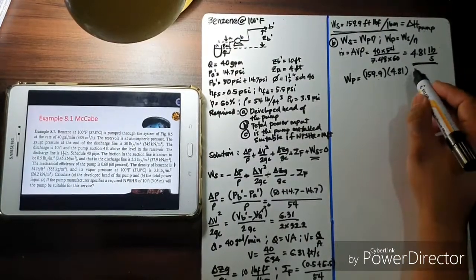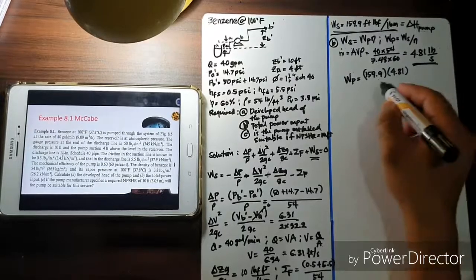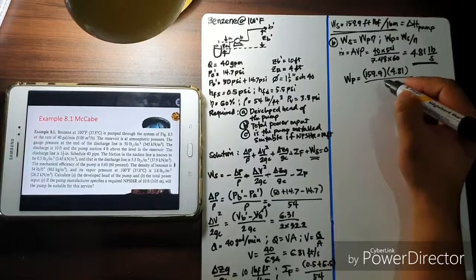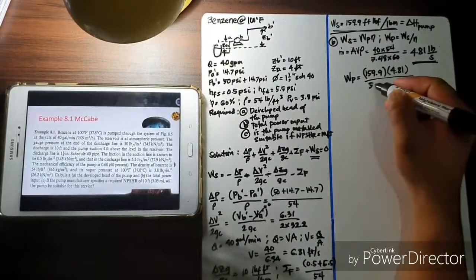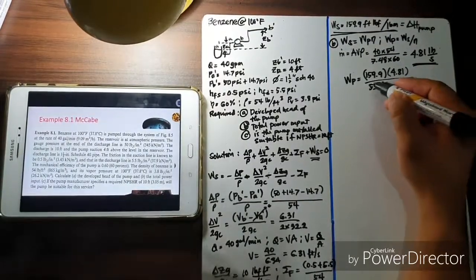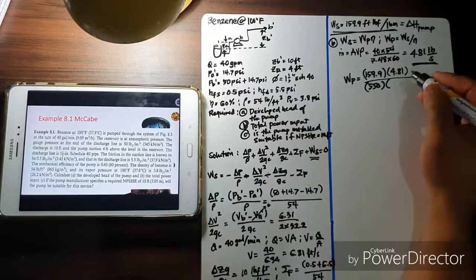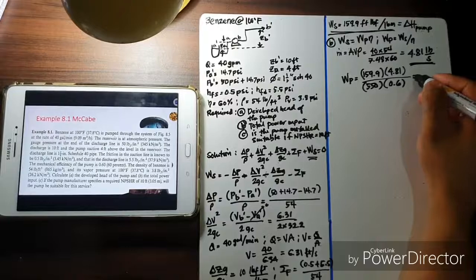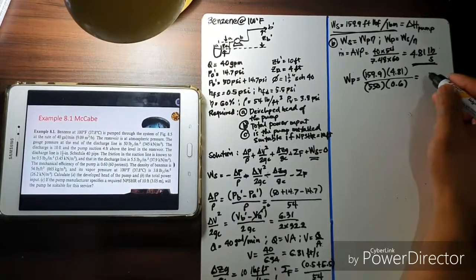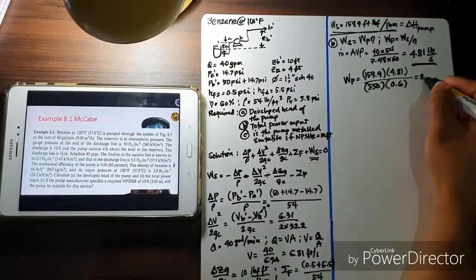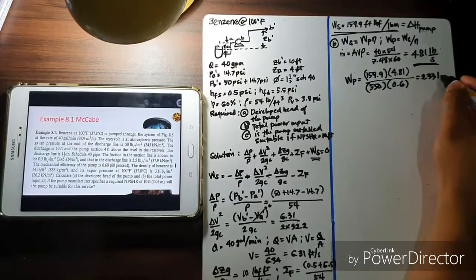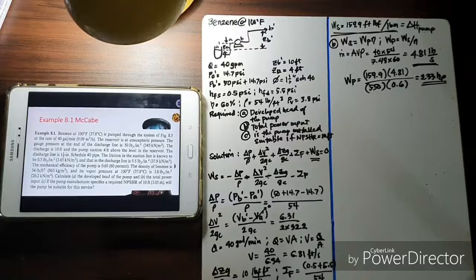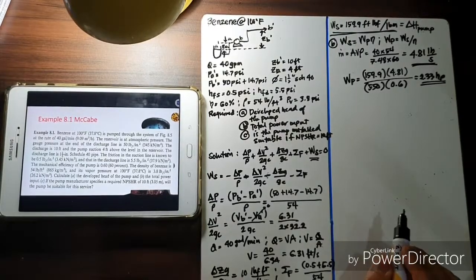So the pound mass cancels, leaving the second below, divided by the conversion factor 550 for horsepower, and divided by, of course, the efficiency, which is 60%. This is then equivalent to 2.33 horsepower. This is the horsepower of the pump.